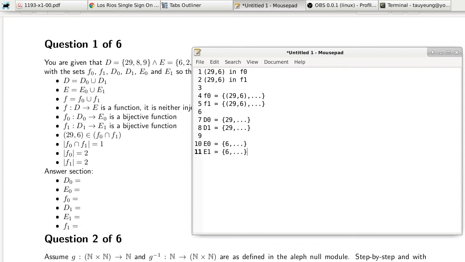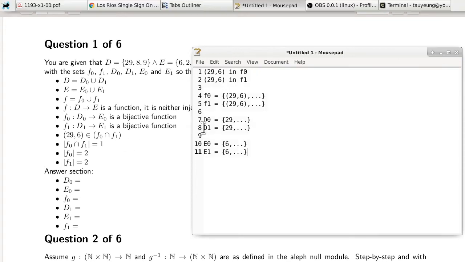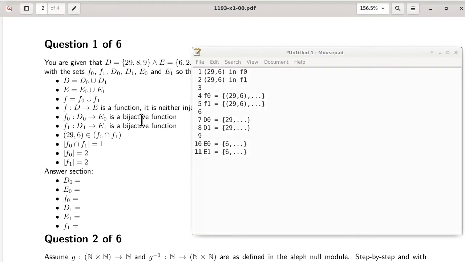So we have at least this much figured out just because we know that (29, 6) is an element of the intersection between F0 and F1. Now, how do we figure out the rest? Most of it has to do with F0 and F1 both being bijective.